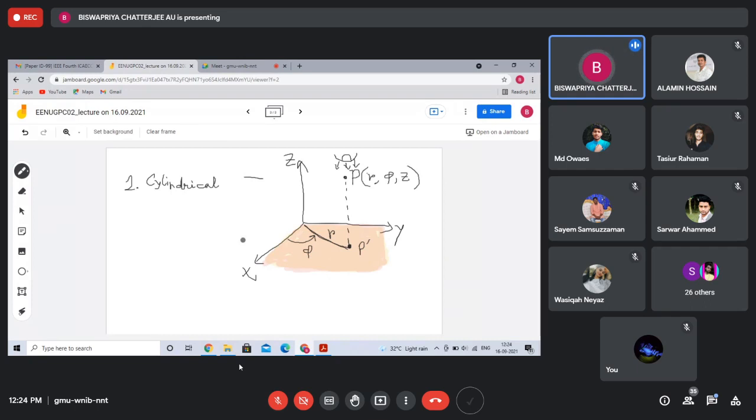It is the vertical height, as in the Cartesian system. So you understood the definitions of R, phi, and Z. Z is nothing new, it is already known to you. Any doubt?